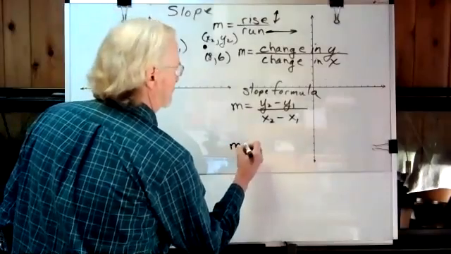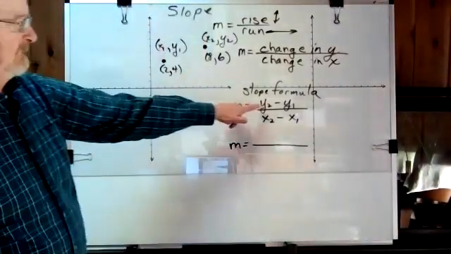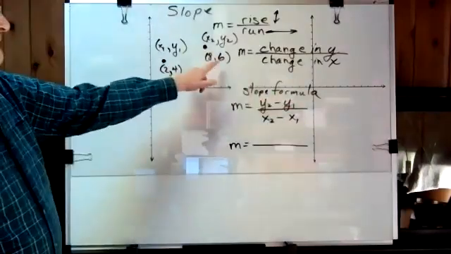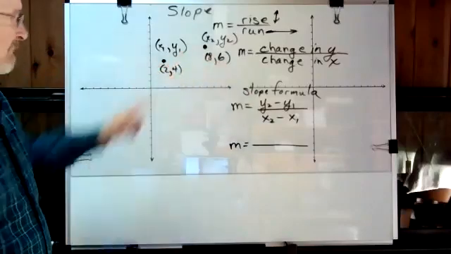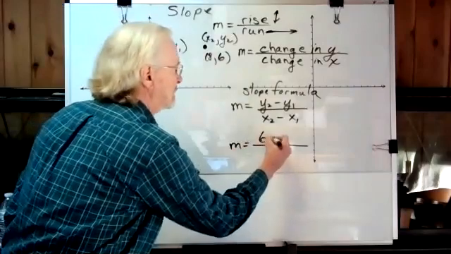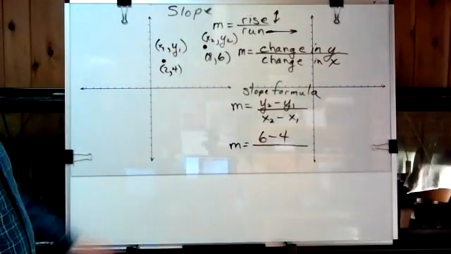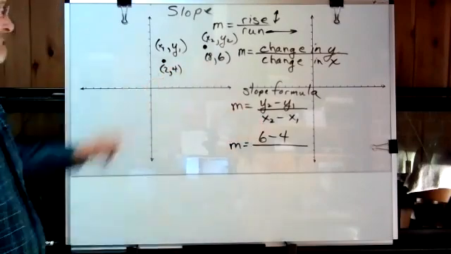That slope, well, I do the difference in the y's, y2 minus y1. Make sure you grab the y value, the 6 minus 4. Okay, and the x values, 8 minus 2.